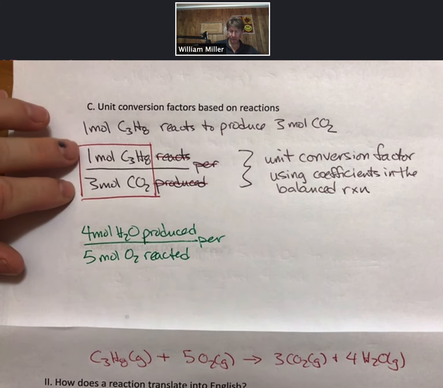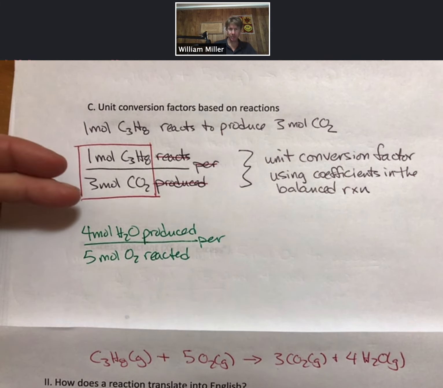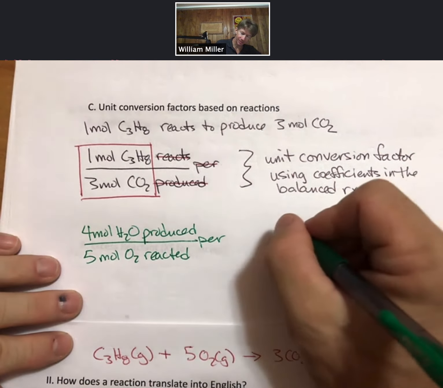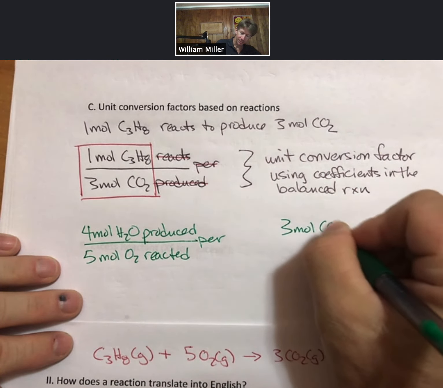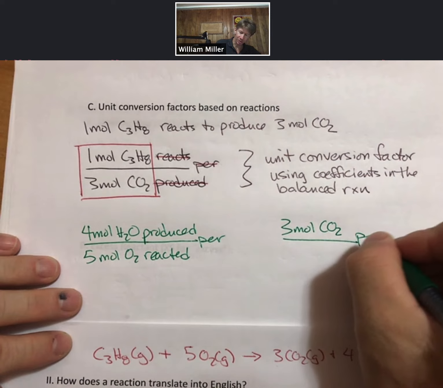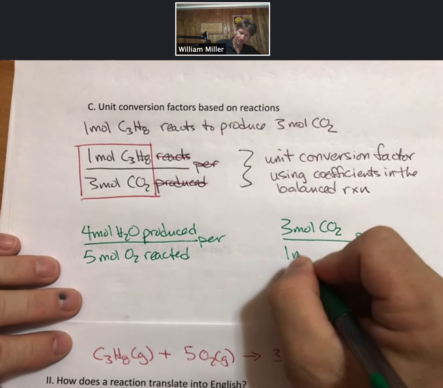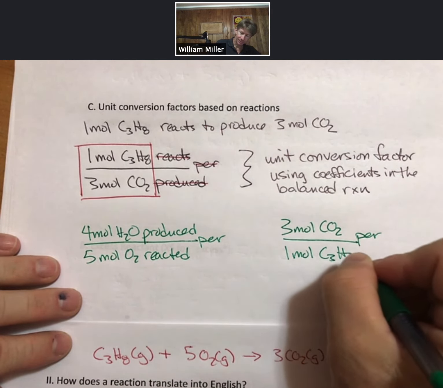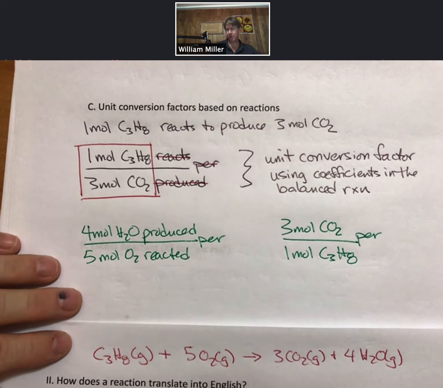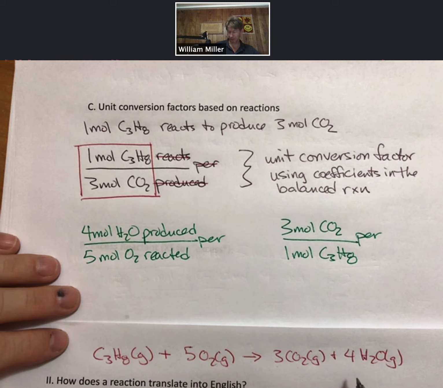And these, remember, if you can write them one way, you can flip them and write them the other way, depending upon how you want your units to cancel out. And so any and all possible combinations of these can be used to solve problems.